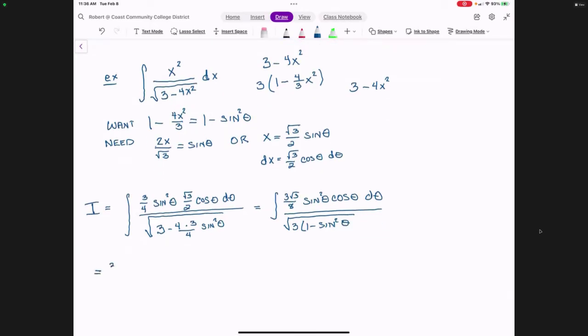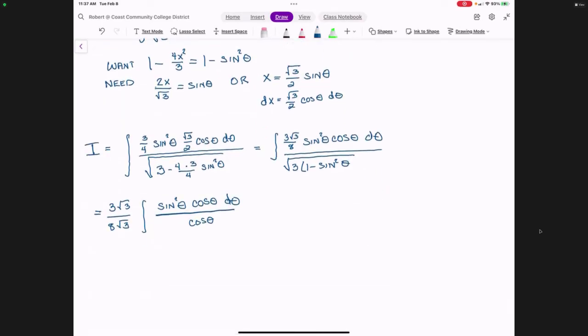Okay, so now I have 3 radical 3 divided by 8, and now I have another radical 3. We have sine squared theta cosine theta d theta divided by cosine of theta. And so once again, we end up with the sine squared integral.